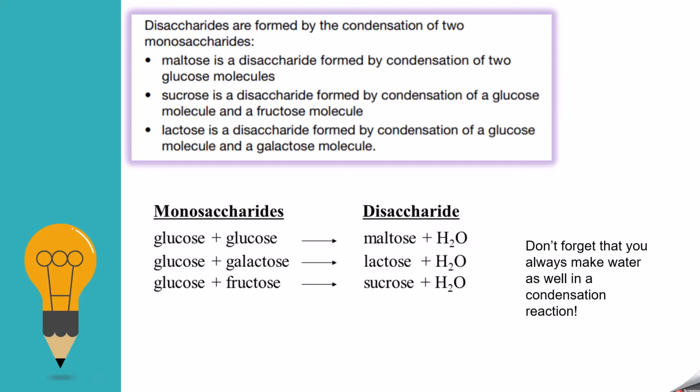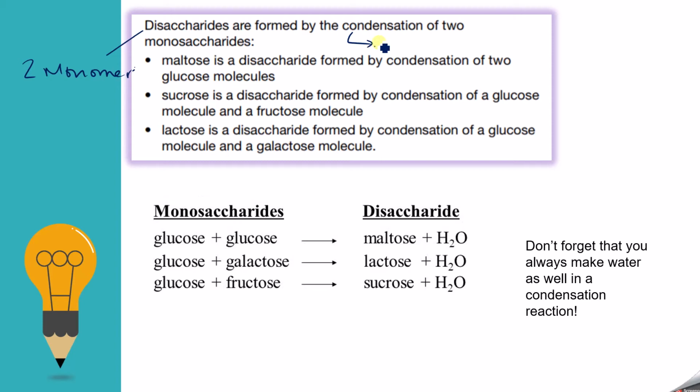So going on to the next part of the specification on carbohydrates, we've got these things called disaccharides. Like I mentioned before, you've got 2 monomers or monosaccharides chemically bonded together. Now disaccharides are formed by condensation, and you should remember what condensation is because you'll be using it a lot.